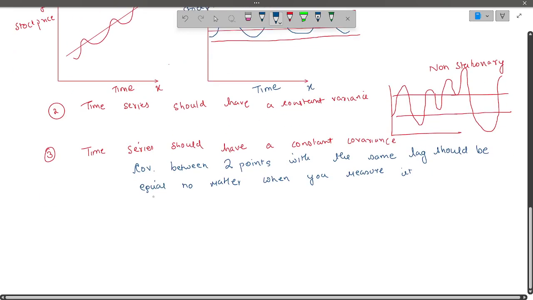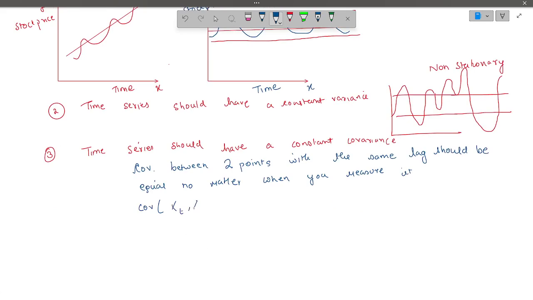तो मतलब ये क्या बोल रहा है ना कि covariance between xt and xt minus 1 should equal the covariance between xt minus 1 and xt minus 2, should equal the covariance between xt minus 2 and xt minus 3, should equal the covariance between xt minus 10 and xt minus 11.